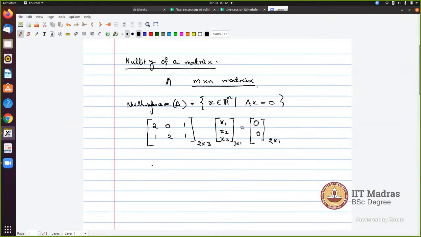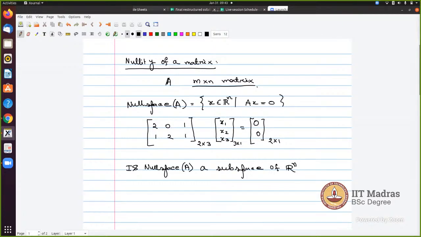Okay. So before going to solving this example, is this null space a vector space? Is it a subspace of Rn? Yes, it is. Why? Because it is the solution space of Ax equals 0. If x and y belong to that null space, then the addition is also a solution to that homogeneous equation.